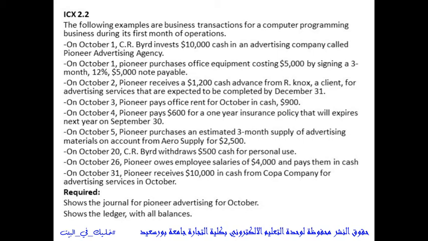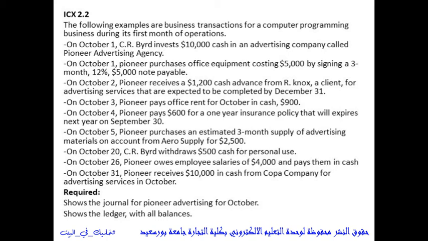On October 1, Pioneer purchases office equipment costing $5,000 by signing a 3-month 12% $5,000 note payable. On October 2, Pioneer receives a $1,200 cash advance from R, a client, for advertising services that are expected to be completed by December 31.